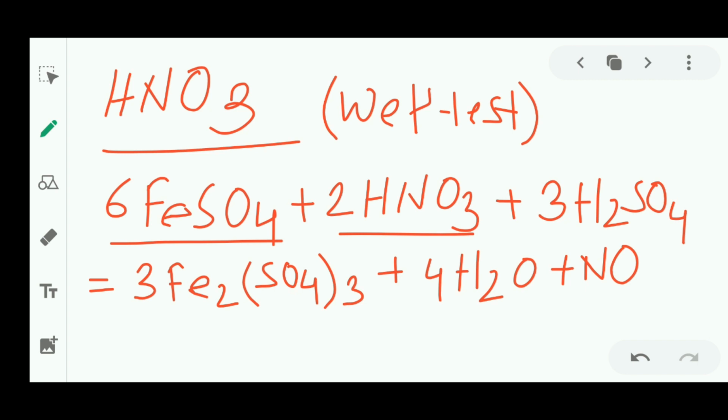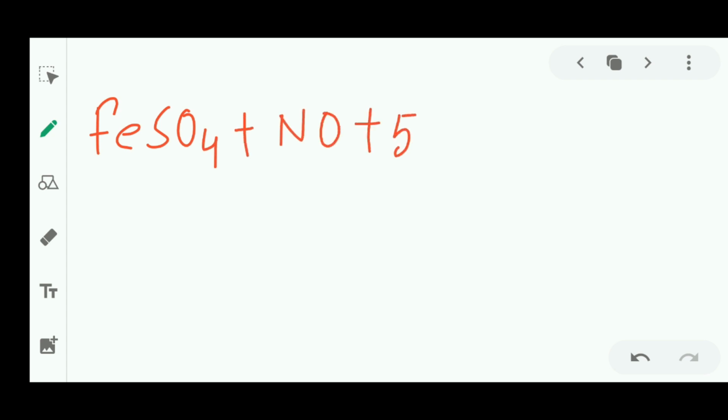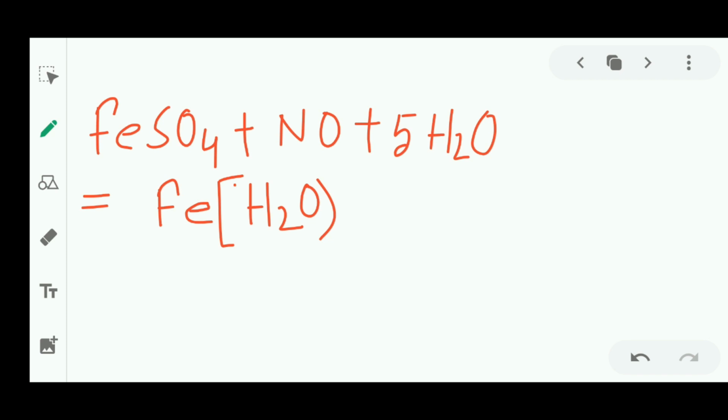The chemical reaction for the brown ring formation is: FeSO4 reacts with NO and water to form penta-aqua nitrosoferrous sulfate, [Fe(H2O)5NO]SO4.